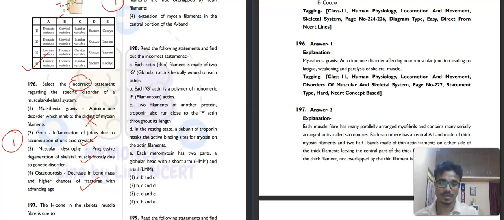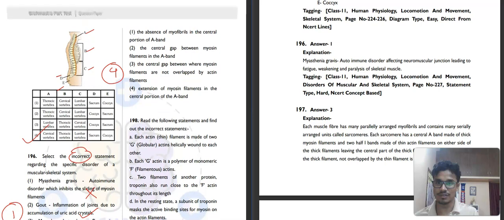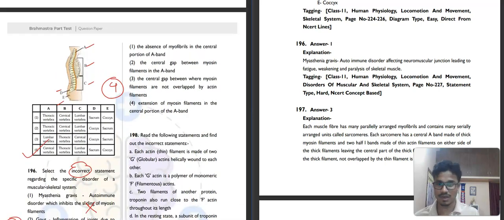Then question number 197. The H zone in the skeletal muscle fiber is due to. Okay. So 197. The absence of myofibril in the central portion of A band? No. The central gap between myosin filaments in the A band? No. The central gap between where myosin filaments are not overlapped by actin filament.